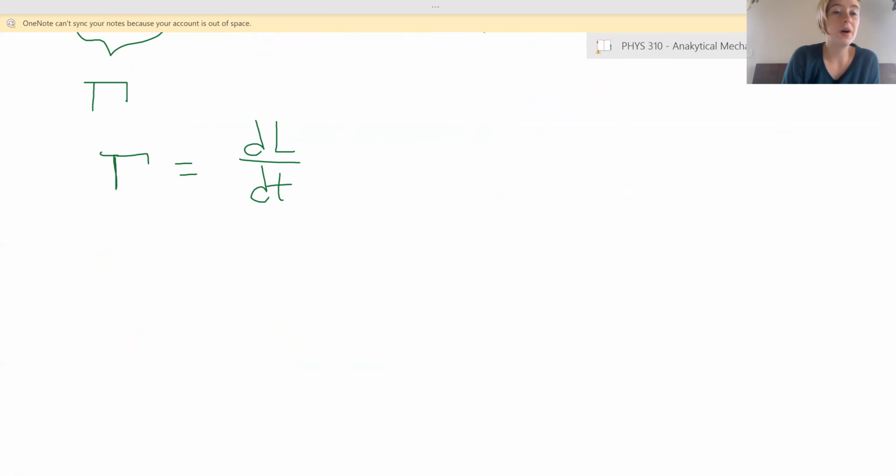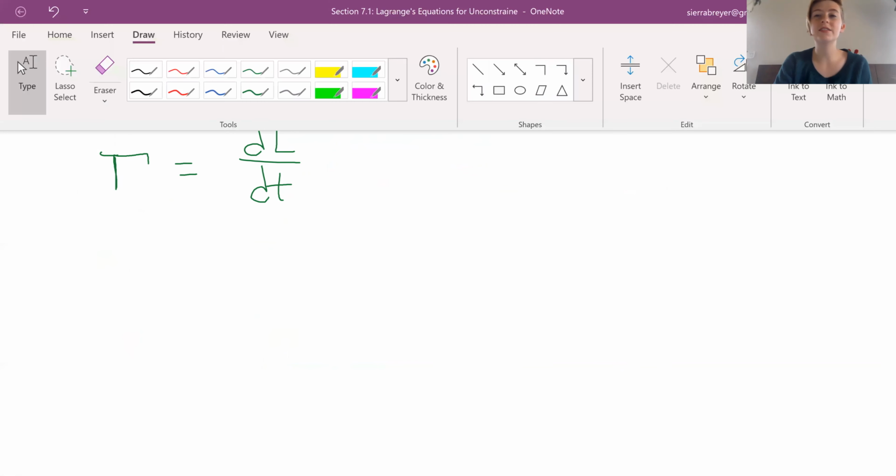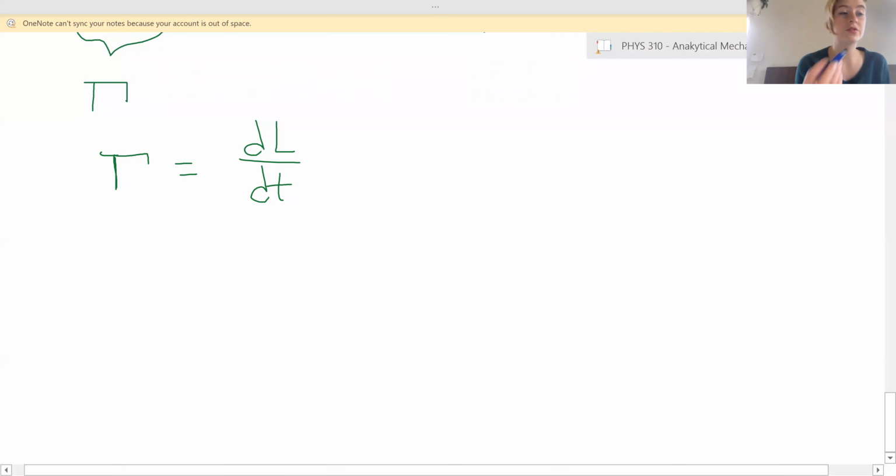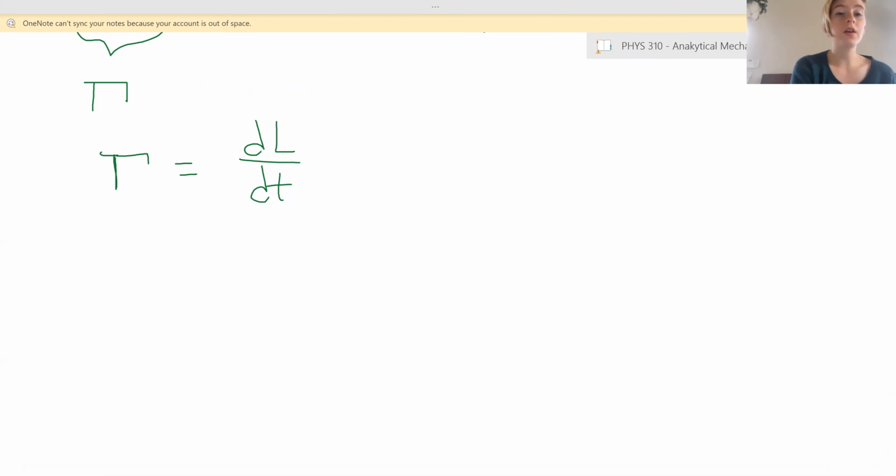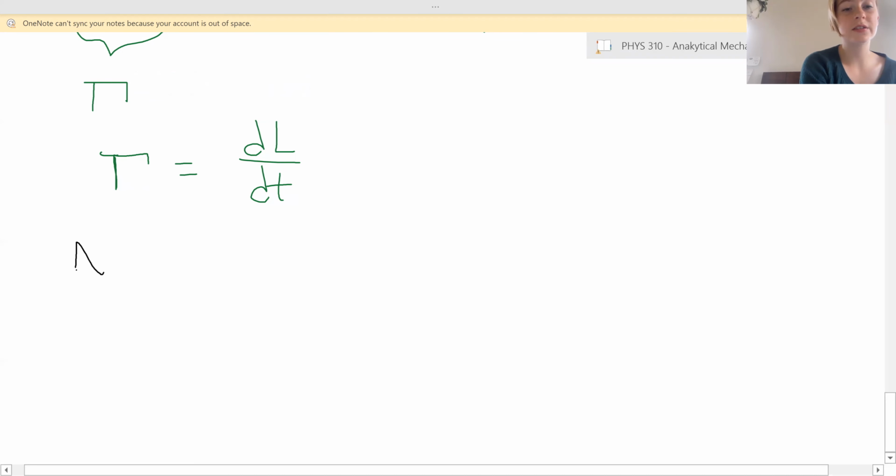So what the book then wants to note is it has a section on several constrained particles, but it goes through the exact same derivation as 6.4. So I am not going to do that again. Instead, I'm just going to give you the gist of it. What it does is a derivation for n particles in 3D space.